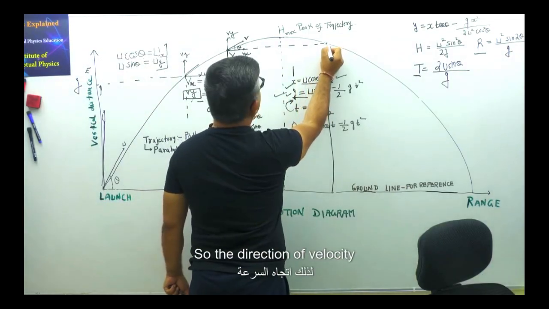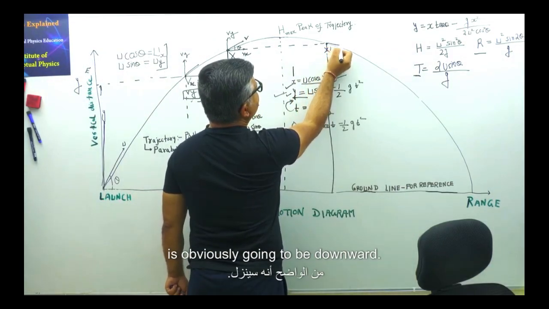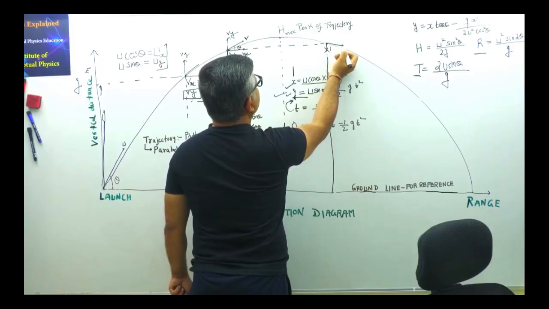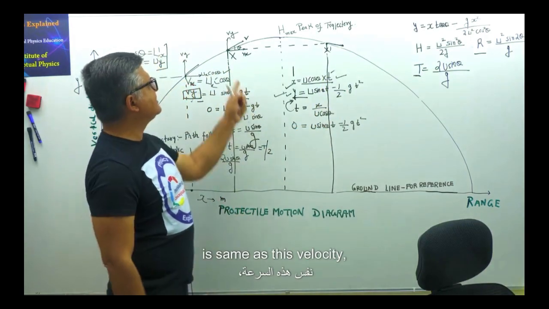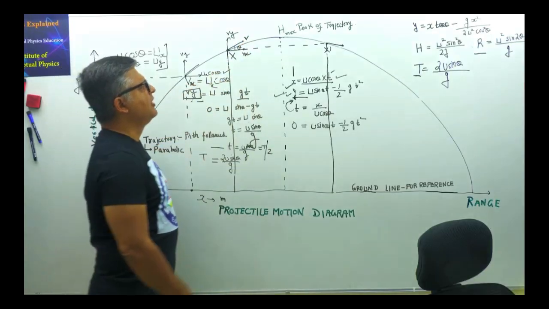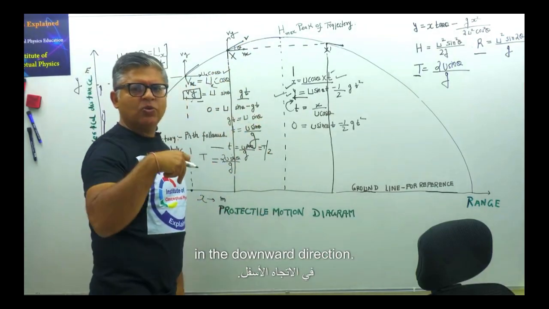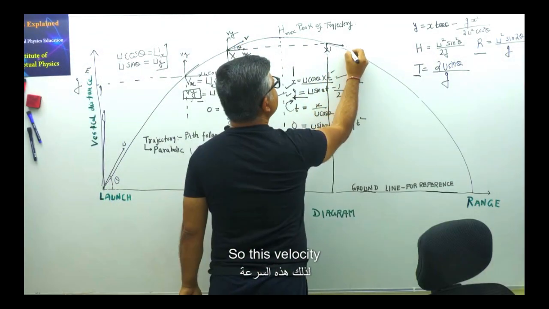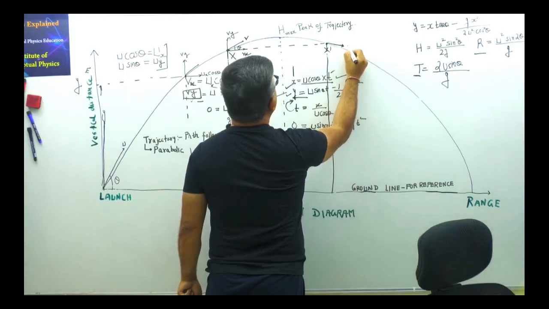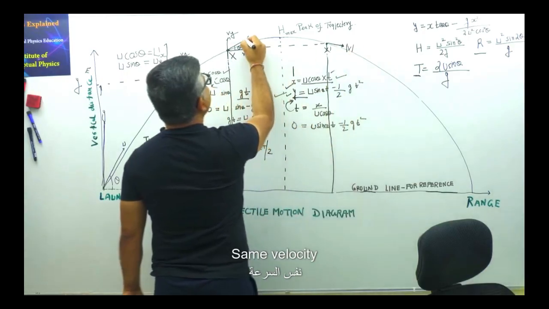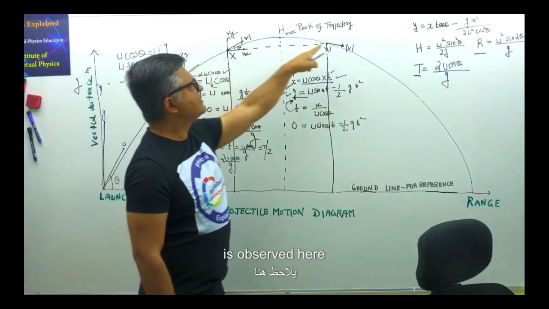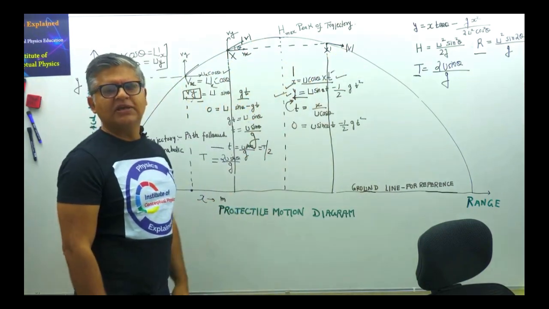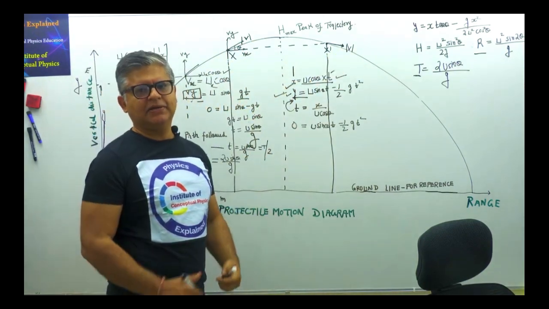So the direction of velocity is obviously going to be downward. You will notice that the magnitude of this velocity is same as this velocity, but in the downward direction. So this velocity is going to be v in magnitude. Same velocity which you see here is observed here because the points are symmetric.